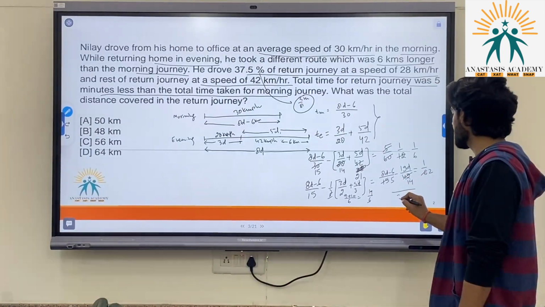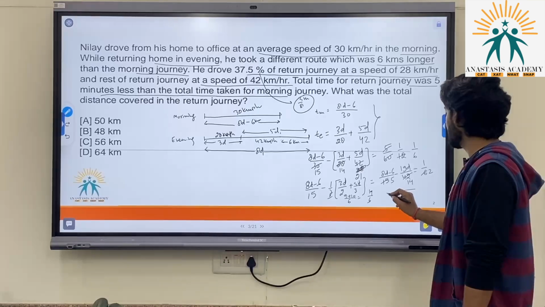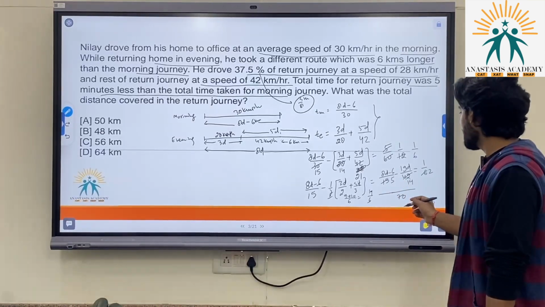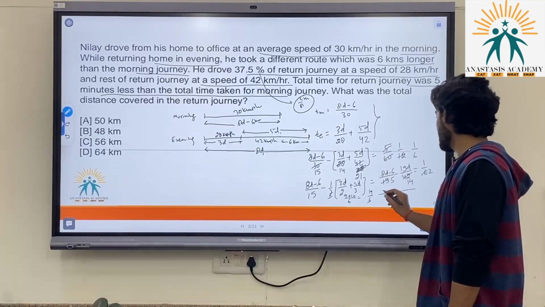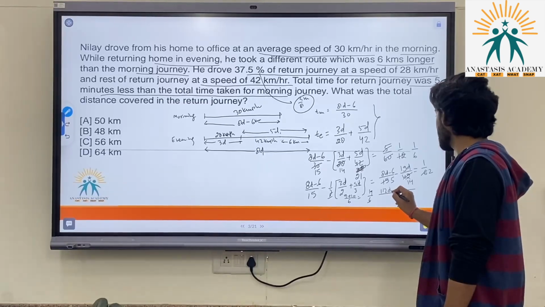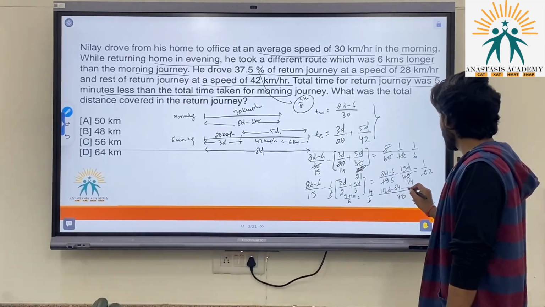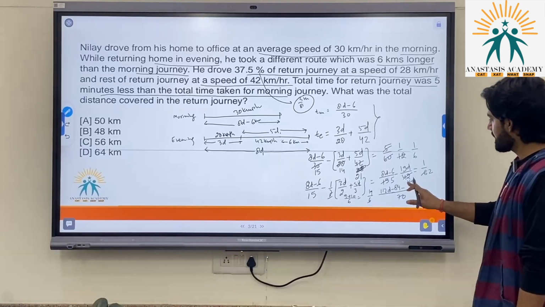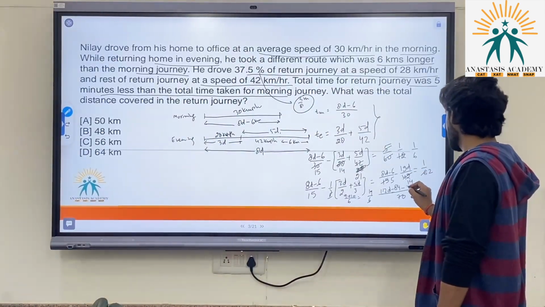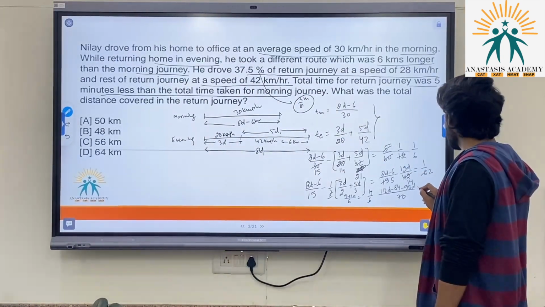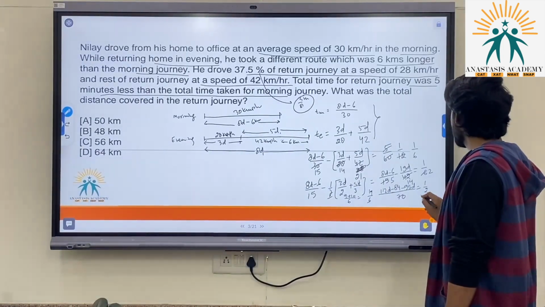Taking LCM, this is 70. 14 into 8 is 112D minus 84 minus 95D is equal to 1 by 2.